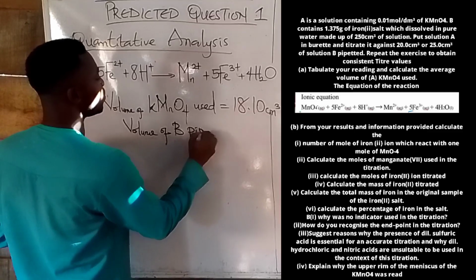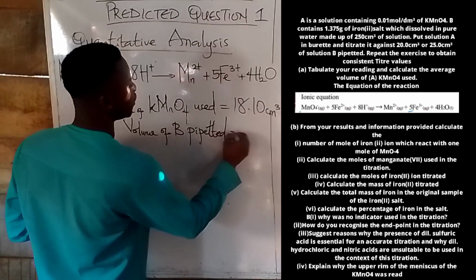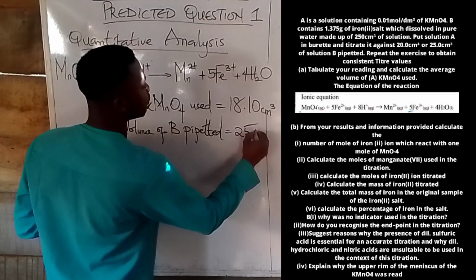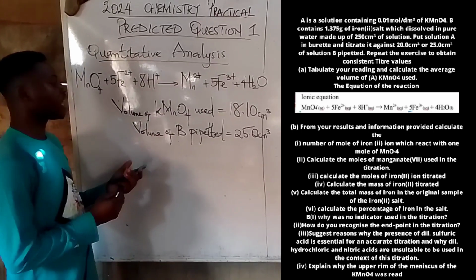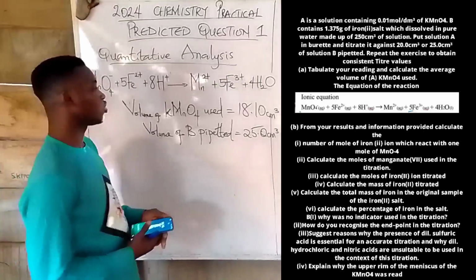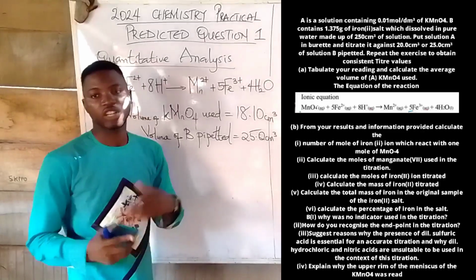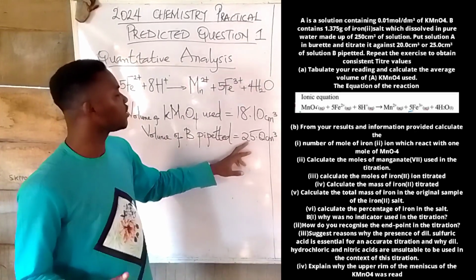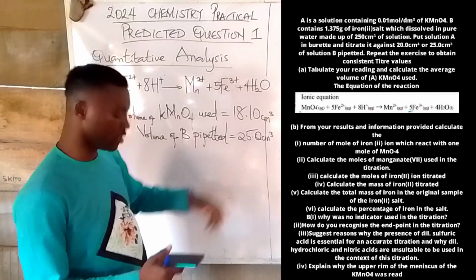The volume of B pipetted is 25.0 centimeter cube. So these are the two values that are fixed. This is my average titre value for this question, and this is the 25 centimeter cube of B used.